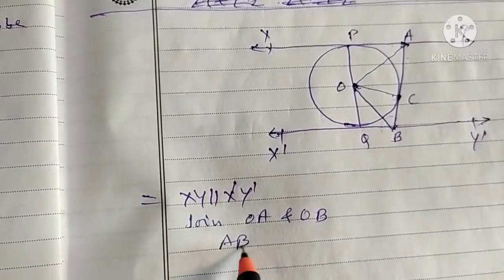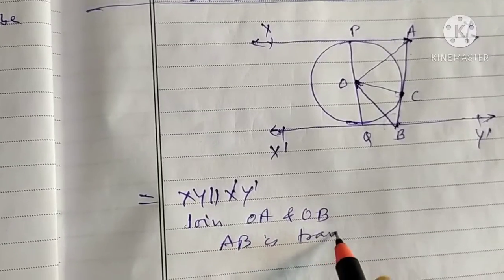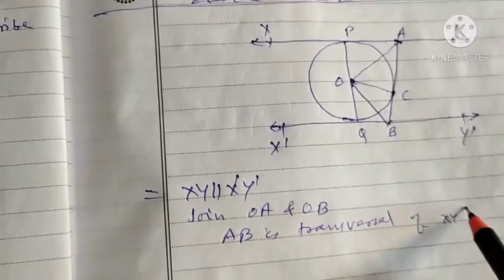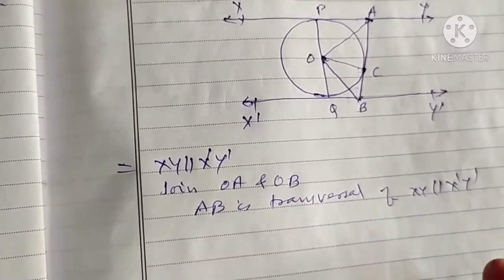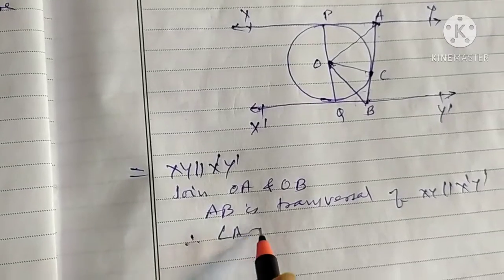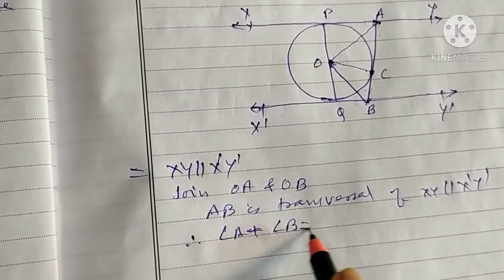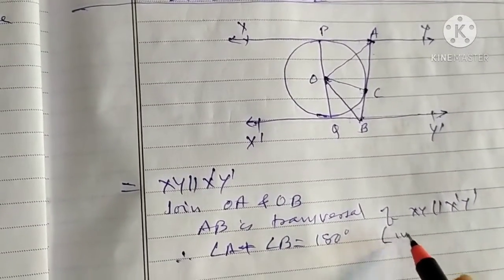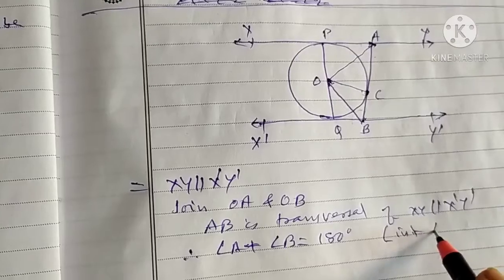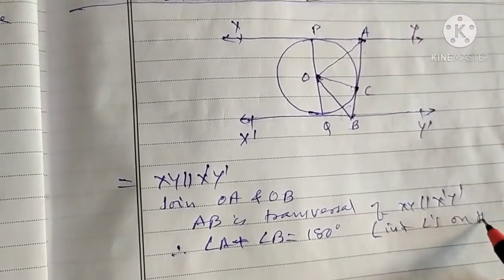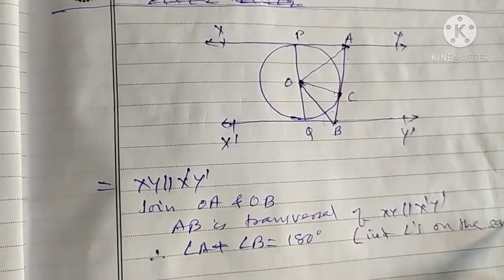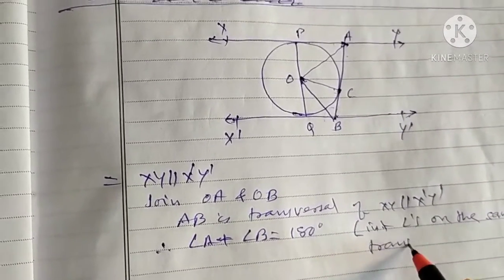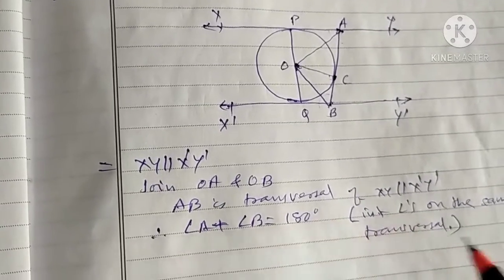AB is a transversal of XY parallel to X'Y'. Therefore, angle A plus angle B equals 180 degrees. What is the support? Interior angles on the same side of the transversal. Okay, got it?